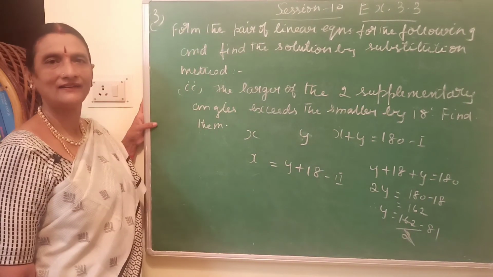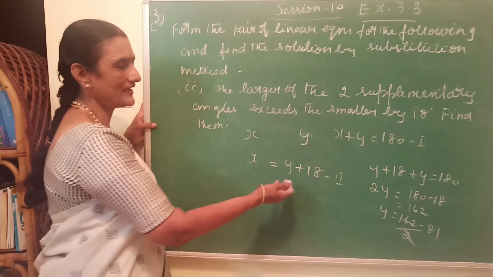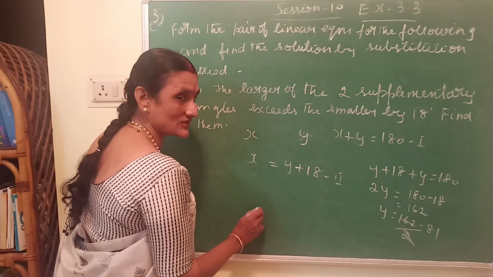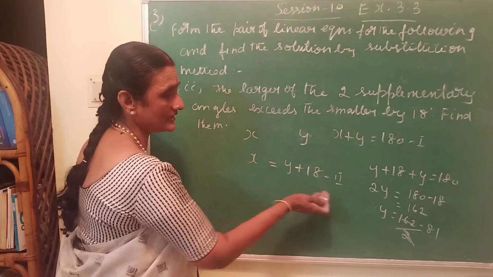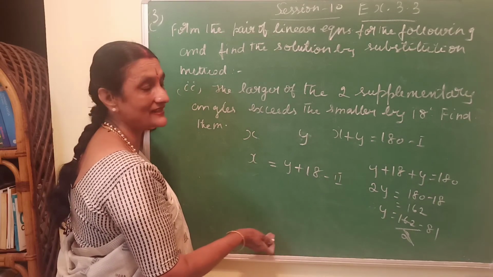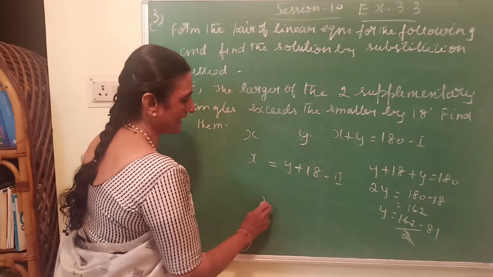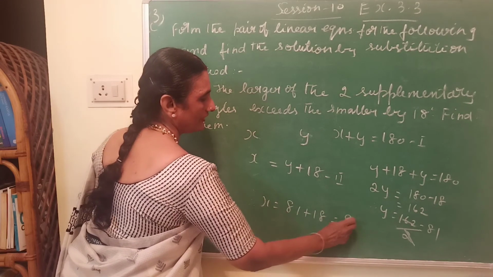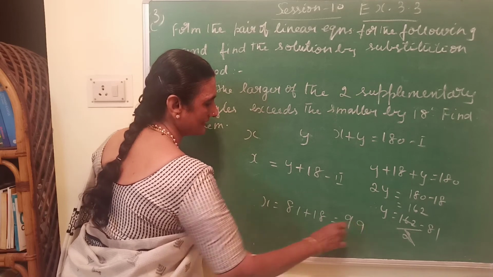Is it clear? Now y is equal to 81, so obviously what is x? Can you tell by mind? 81 plus 18 gives you 99. Therefore x is equal to 99.